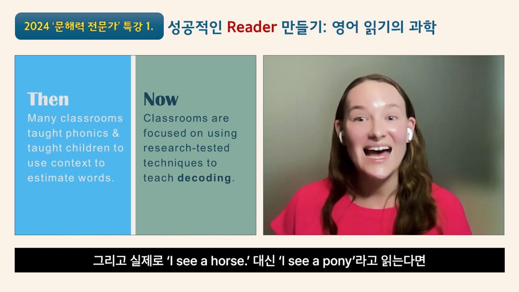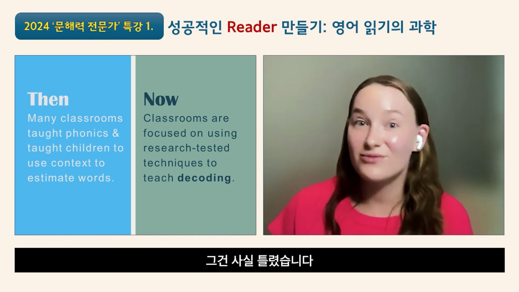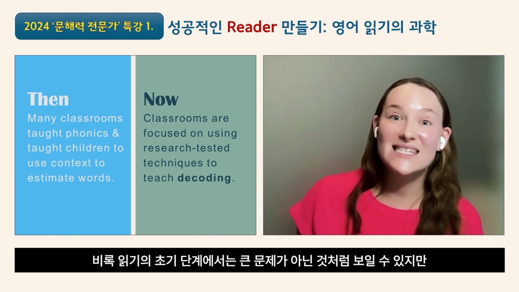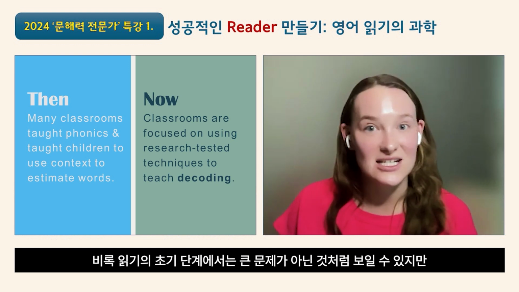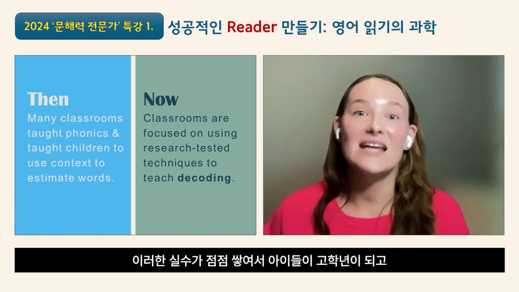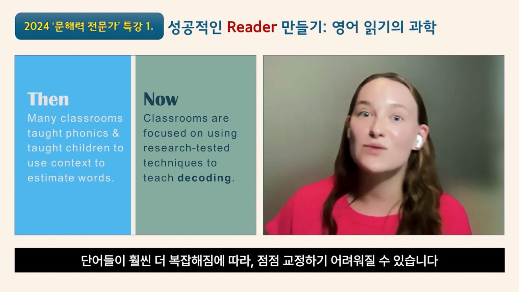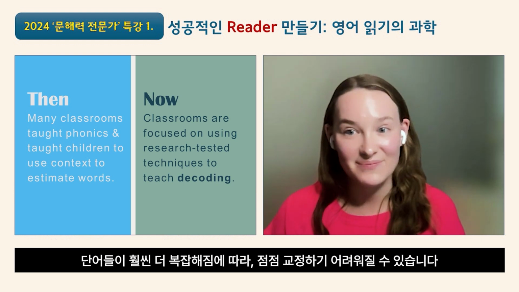And when you read, "I see a pony" instead of "I see a horse," you are in fact wrong. Though it might not seem like a big deal in the earliest stages of reading, this mistake can cascade and can become a lot harder to correct as children get older and as words get far more complex.